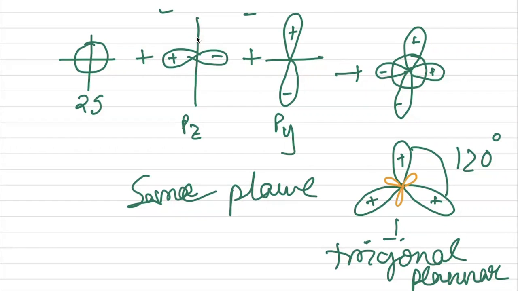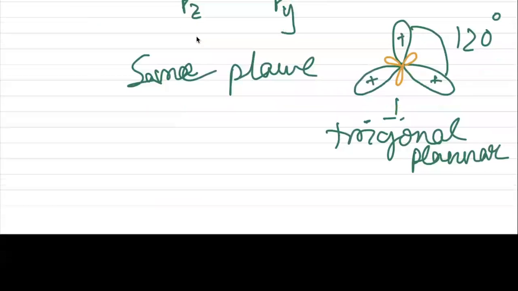Okay, so let's see the shape of molecules like BCl3. The electronic configuration of boron?